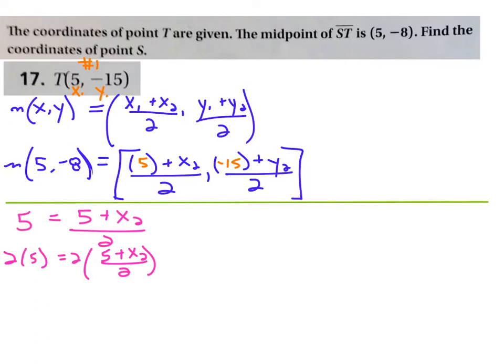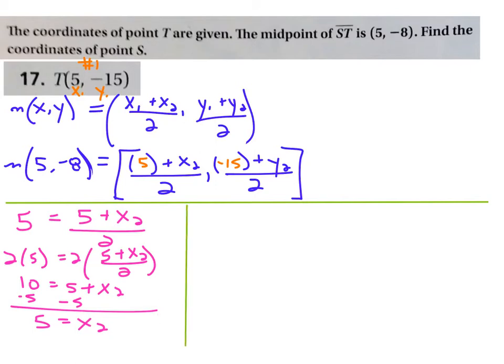So all of this goes in parentheses, okay? And when we simplify that out, we get 10 is equal to 5 plus x2. And then when we subtract 5, we get 5 is equal to the x coordinate of point 2. Got it? That's what that means. Okay. Let's draw a little line to separate that.